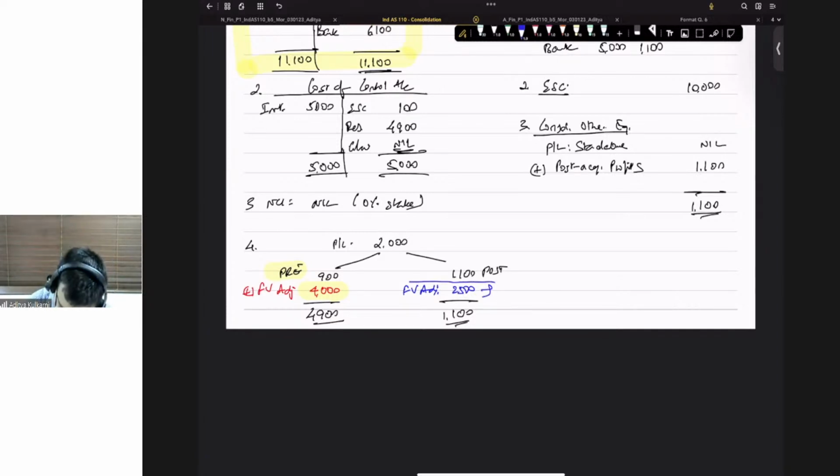But I repeat again, this 2,500 is a fair valuation adjustment pursuant to Ind AS 16. This is not pursuant to 103, neither is it pursuant to 110. No problem. You can follow the fair valuation concept later on. Only thing is, it will be impacting the post-acquisition reserves, not the pre-acquisition. The pre-acquisition 4,000 will remain at 4,000 only.